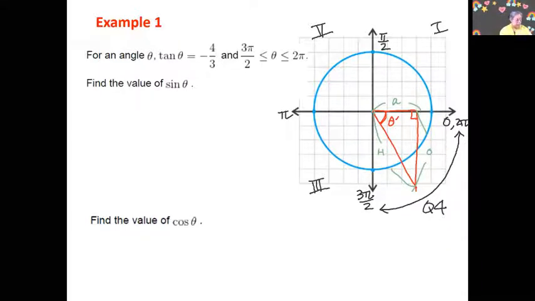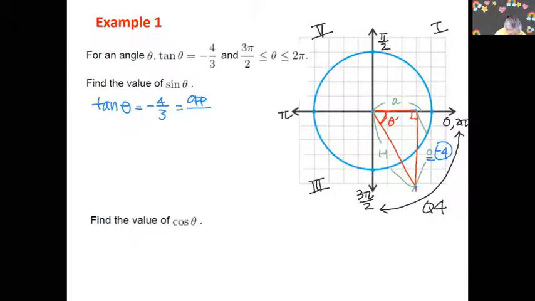Then come back to the original information. Now with this angle, whether it's original theta or reference angle theta apostrophe, they're all the same. Then it says tangent, whatever the angle, has -4/3. But tangent is what?